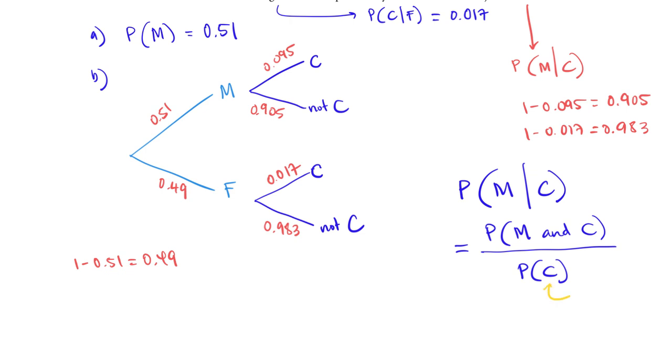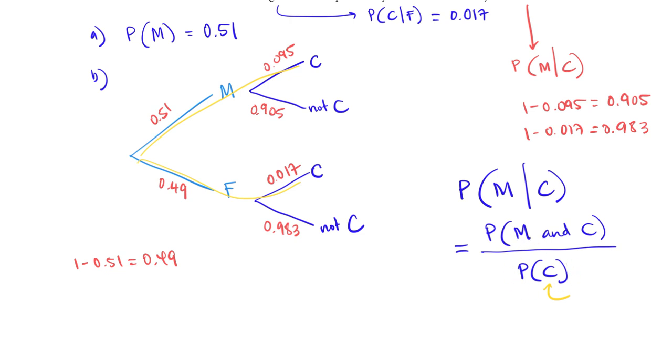There are two ways that lead to the outcome C. The sum of those two probabilities will give us the number that we will use in the denominator.